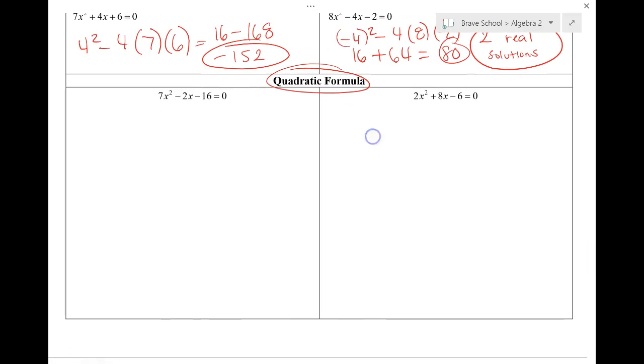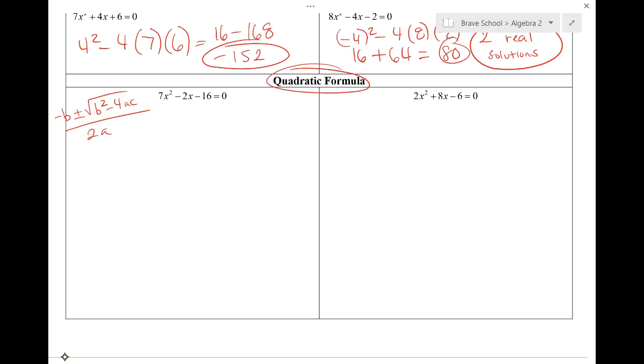Okay, last one. So now the quadratic formula. We all remember our favorite and special formula. It is negative b, plus or minus the square root of the discriminant, which is b squared minus 4 times a times c, all over 2 times a.